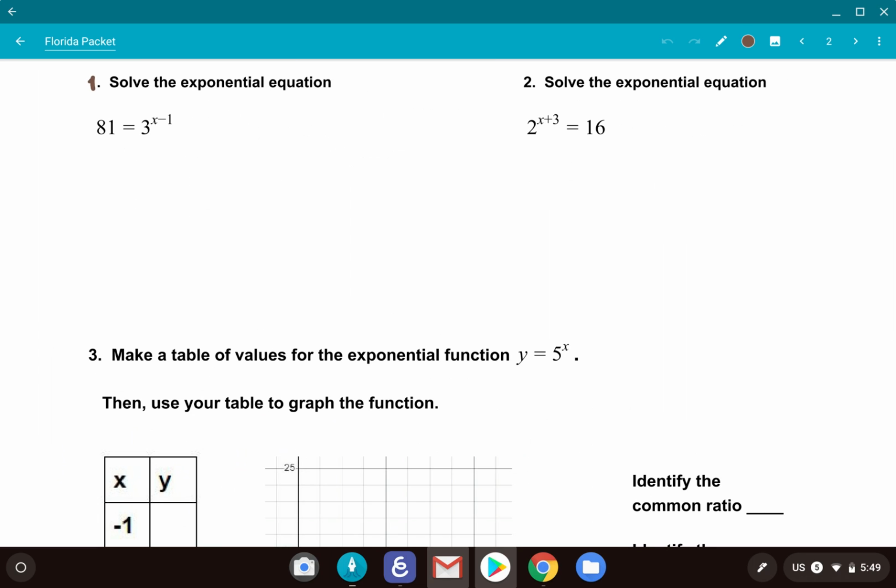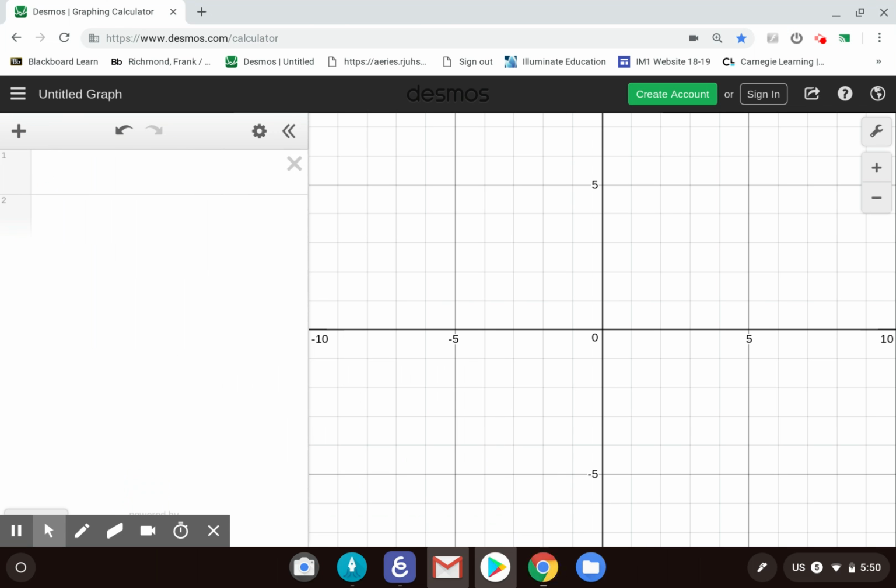For number 1, let's follow the steps we just went over in the previous lesson. We're going to rewrite the 81 so that it has a base of 3. You can use Desmos to help you do that, or any other type of calculator.